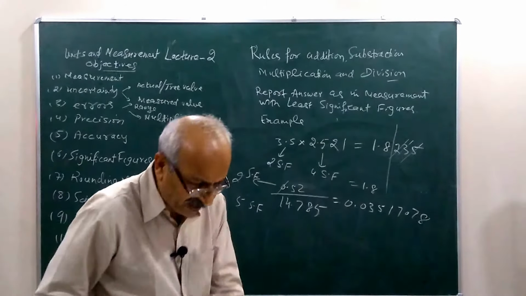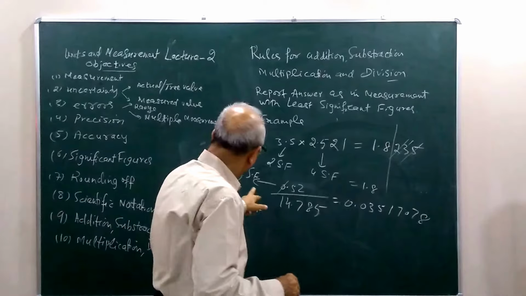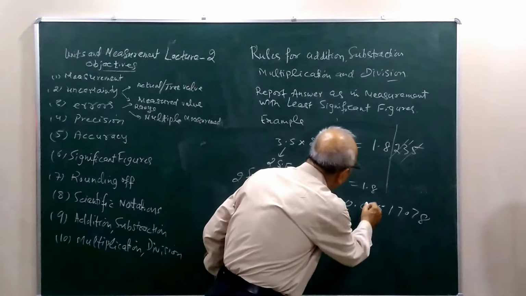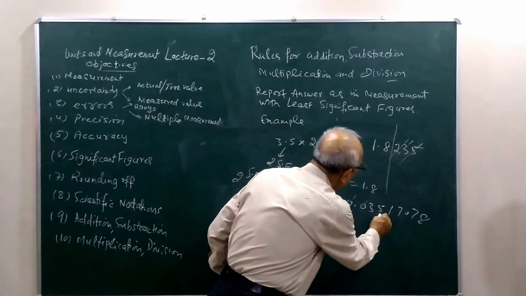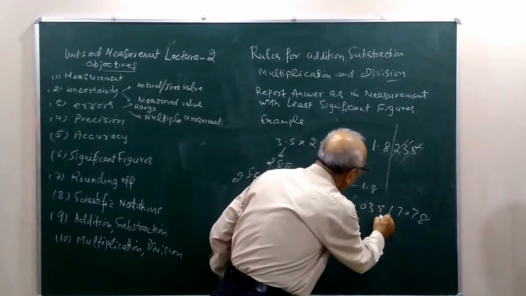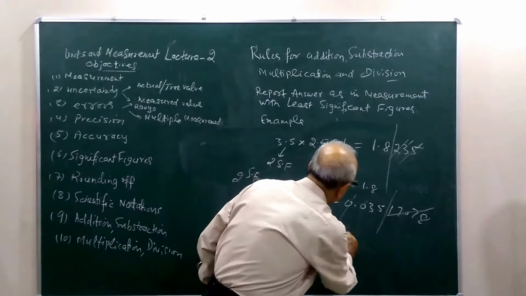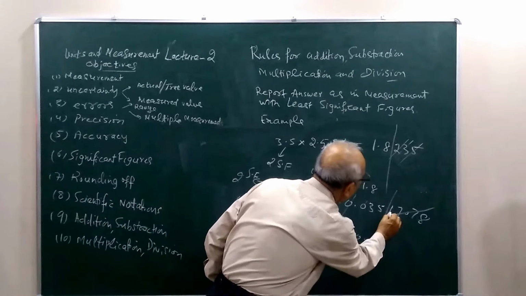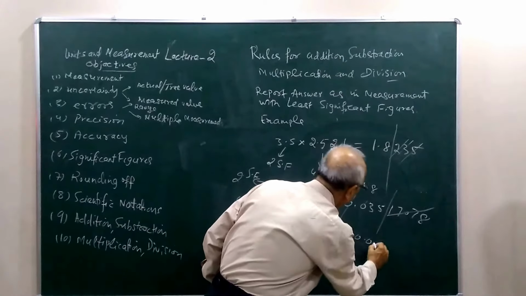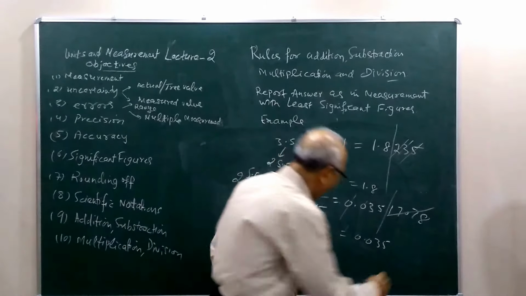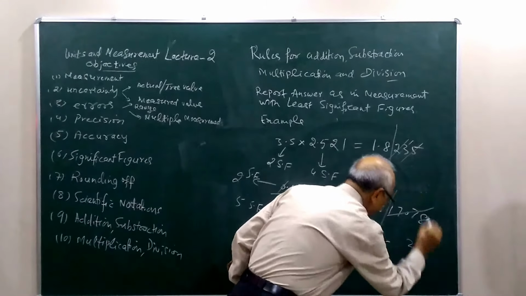How many significant figures do I want? I want 2 significant figures. The leading zeros are not significant. Two significant means I have to get only up to this. These are not required. The answer therefore comes to be 0.035. The next number is less than 5, therefore in rounding off, this number stays. So this has two significant figures. This is my answer.